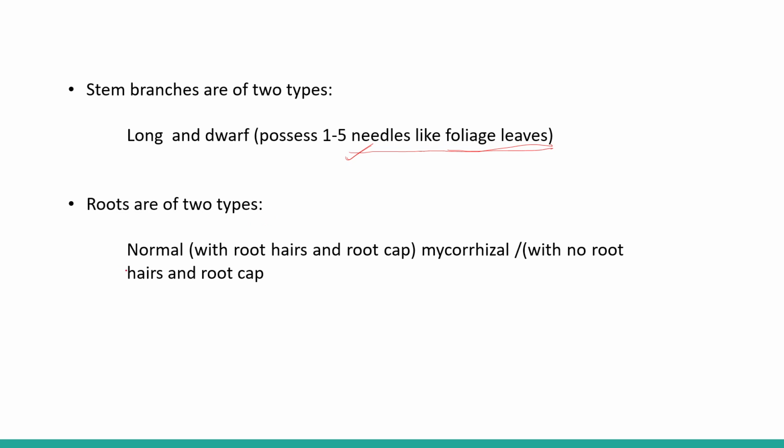Roots are again of two types, normal roots and mycorrhizal roots. So we have seen earlier that mycorrhizal association is there in the roots of Pinus. So that helps in absorption of minerals for the Pinus plant. And in return, the Pinus plant provides nourishment to the fungal hyphae.